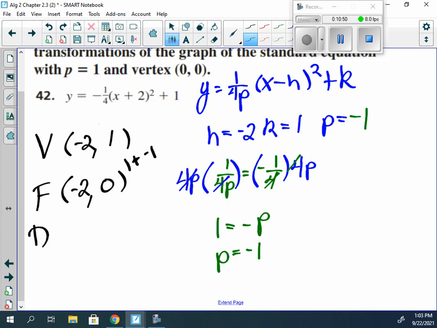Now the directrix would be y is equal to what? K minus p. So that would be what? 1 minus -1, yes? What is 1 minus -1?